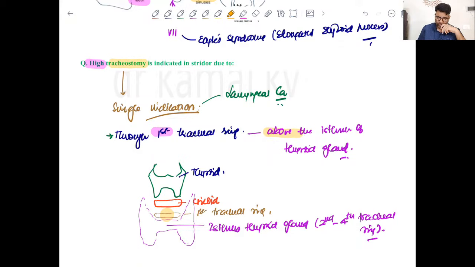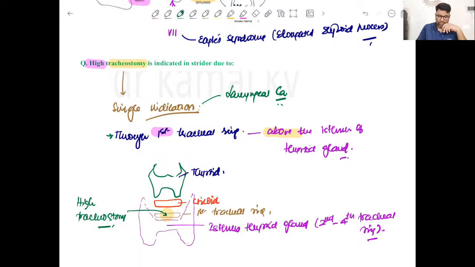Now, in usual circumstances or other conditions, we don't go for high tracheostomy. So this is the level of high tracheostomy. We don't go for it because it can lead to perichondritis of the cricoid cartilage, and there may be stenosis kind of complications.